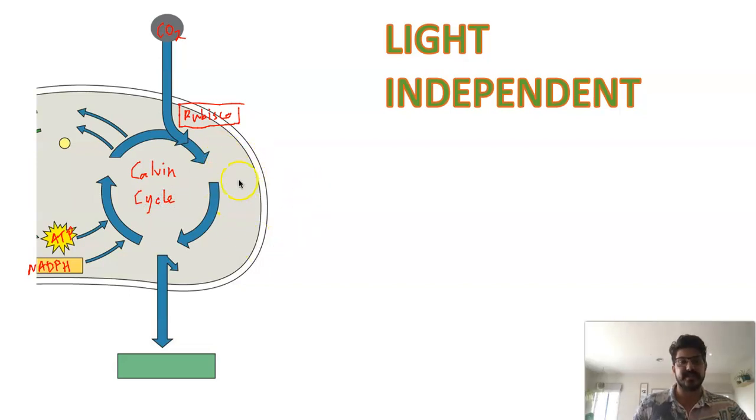And then knowing the 3 stages of the Calvin cycle, knowing that Rubisco is the molecule there, yeah, great. But also knowing the 3 stages of the Calvin cycle, knowing that the first stage here is your carbon fixation stage.